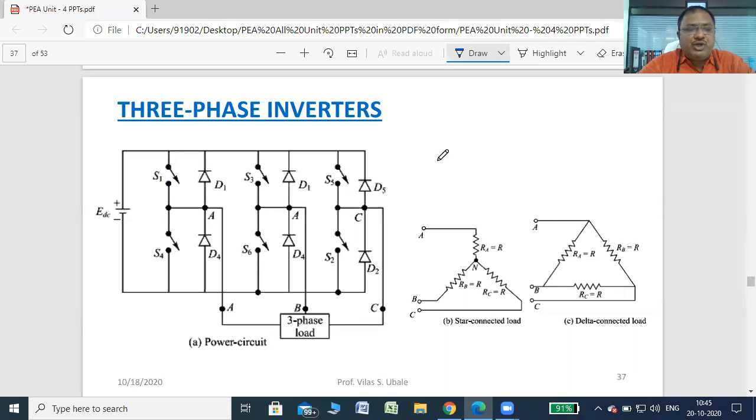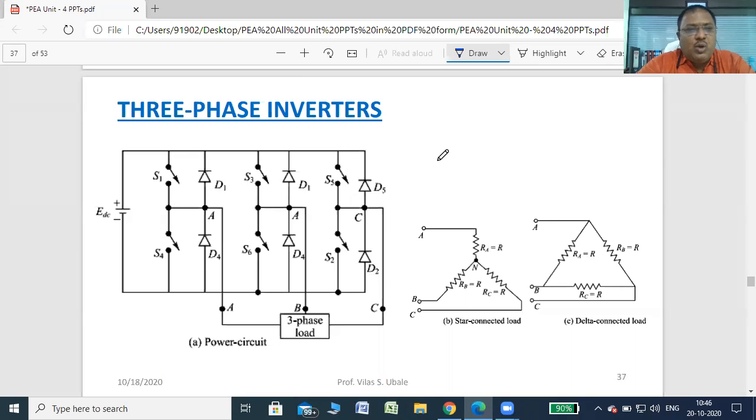These include protection from high voltage, high current, rate of change of voltage, rate of change of current, and sometimes temperature, heat sinks, or cooling methods, which are not shown here to avoid complexity of the circuit diagram. But keep in mind, these are the requirements.